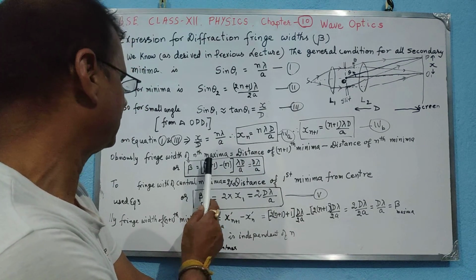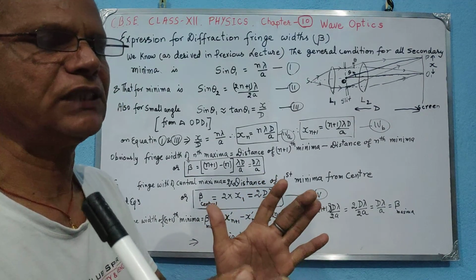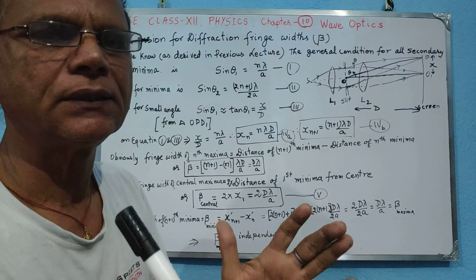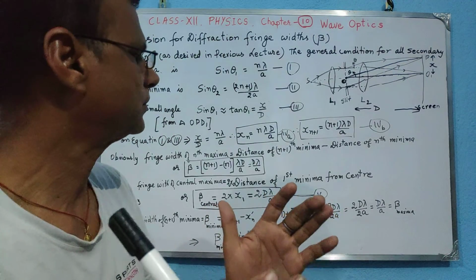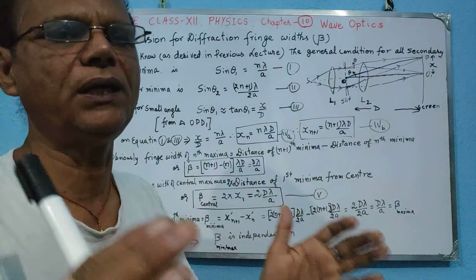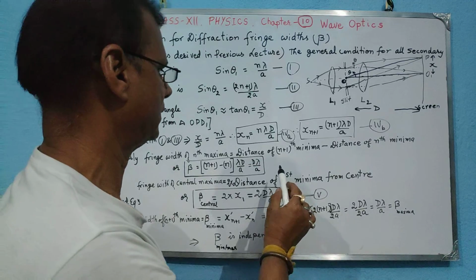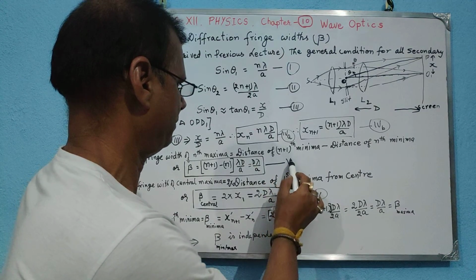This is the width of the maxima, which is sandwiched by two minima. So we can call this equation number 5a.